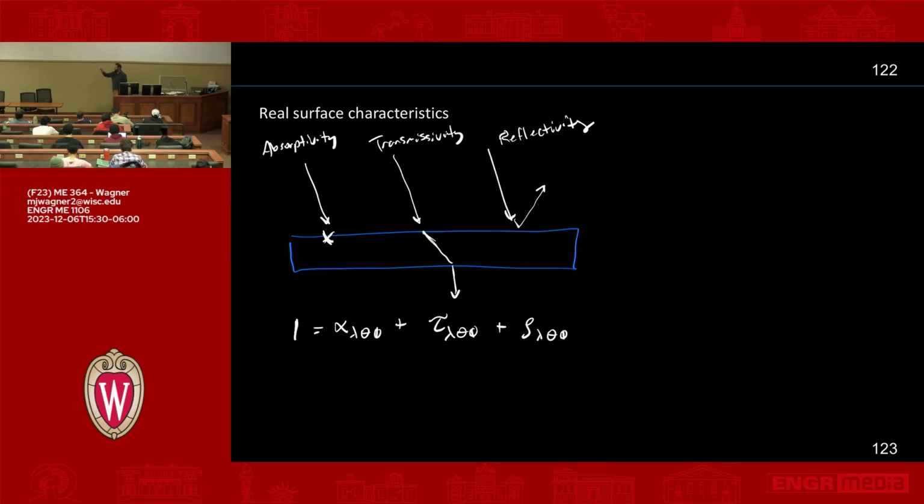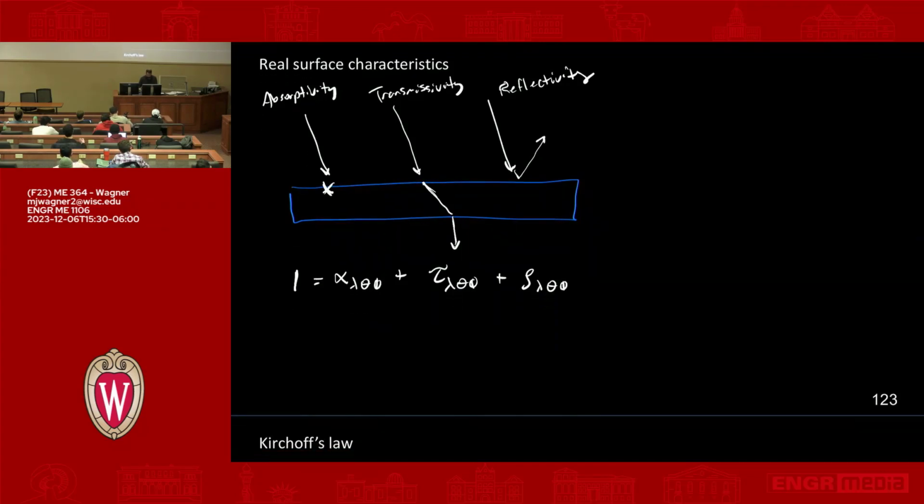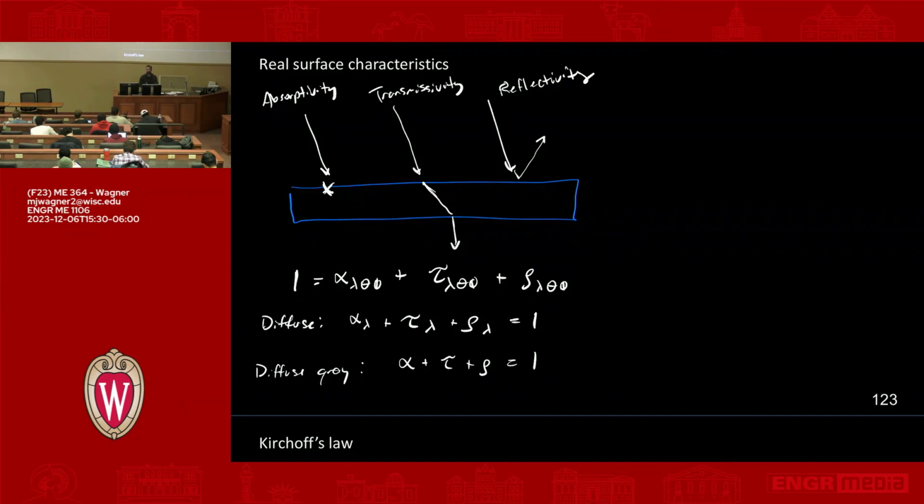Okay, we can take this universal energy balance and extend it to the other types of surfaces. So if I have a diffuse surface, for a diffuse surface there's no angular dependence. I can then say alpha lambda plus tau lambda plus rho lambda equals 1. If it's a diffuse gray surface, then I can just say alpha plus tau plus rho equals 1.